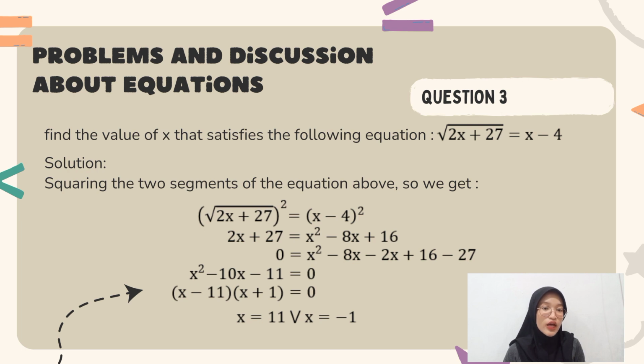So we get 2x plus 27 equals x squared minus 8x plus 16. So 0 equals x squared minus 8x minus 2x plus 16 minus 27. So we get x squared minus 10x minus 11 equals 0.